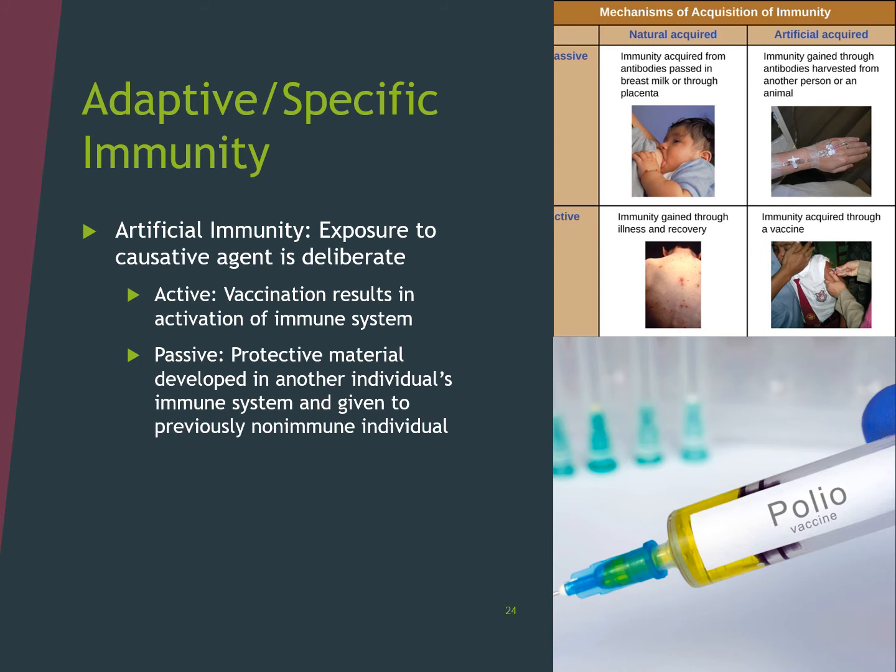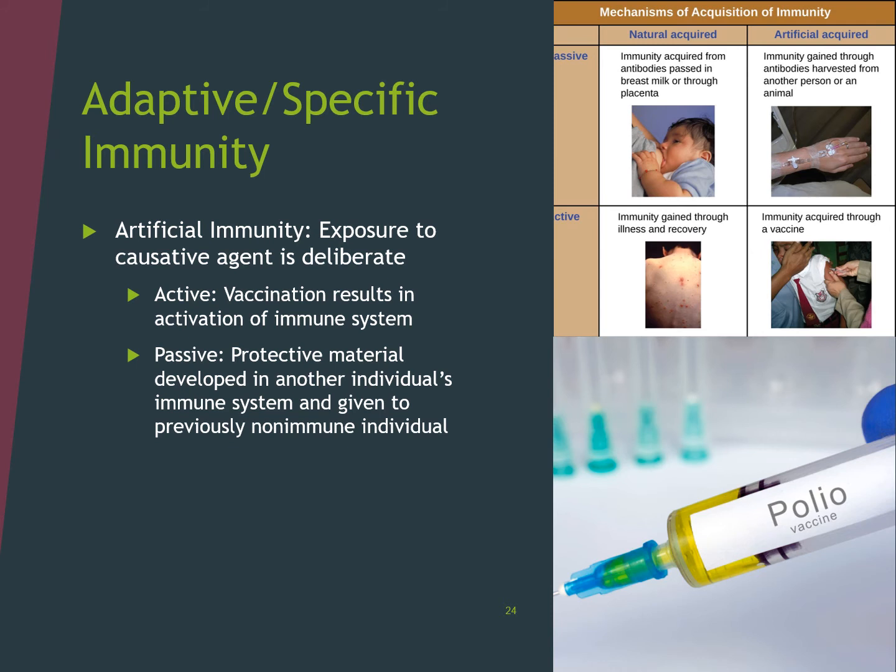Active artificial immunity is when we get some sort of vaccination or immunization that causes our immune system to go to work to make antibodies and react to it so that later those memory cells will remember that foreign invader and protect us from it.